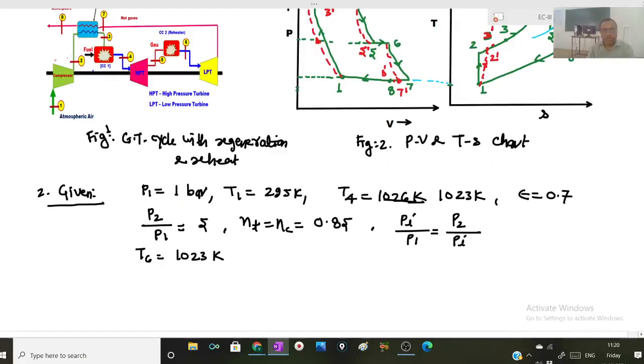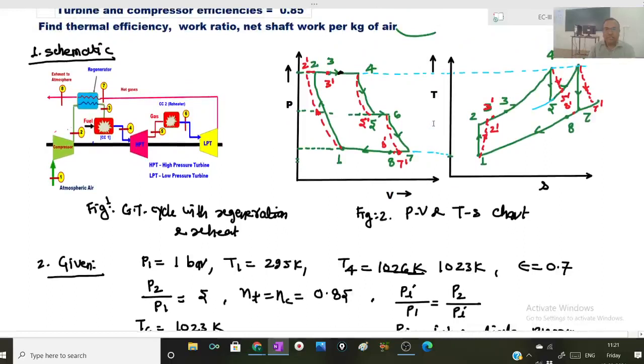Here Pi is the intermediate pressure. What is that intermediate pressure? I can represent it on the diagram. This is nothing but Pi, what we represent by Px.